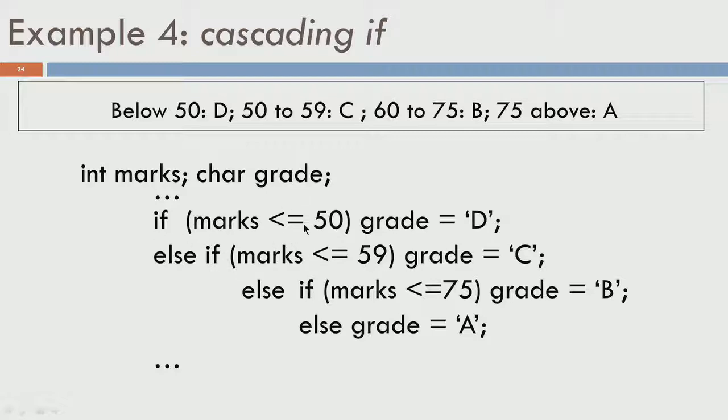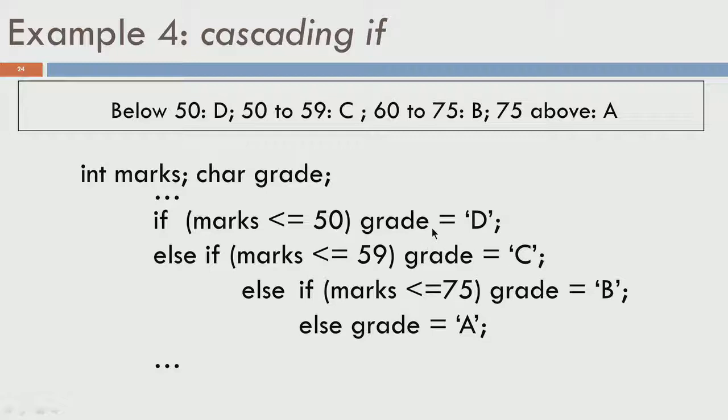If marks is less than or equal to 50, then grade is D. So, if it is less than or equal to 50, I assign the grade D. Else if marks is less than or equal to 59, then grade is C. Else if marks is less than or equal to 75, grade is B. Else grade is A. So, what is happening is, only one of these will be true. If you enter a mark here, only one of these things will be true, and only one blob of code will execute.